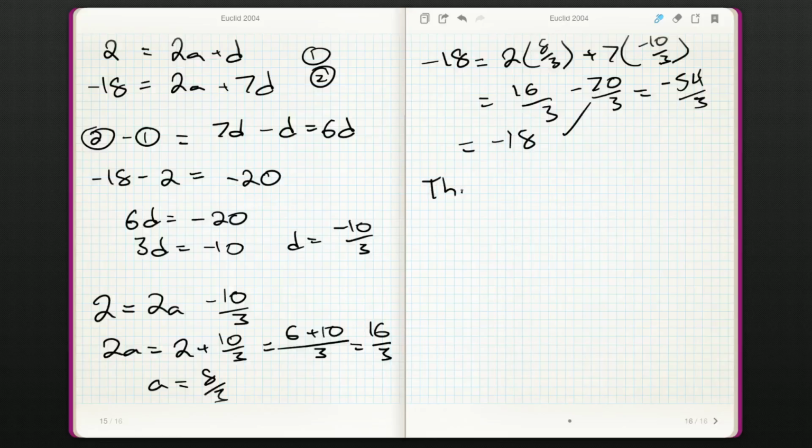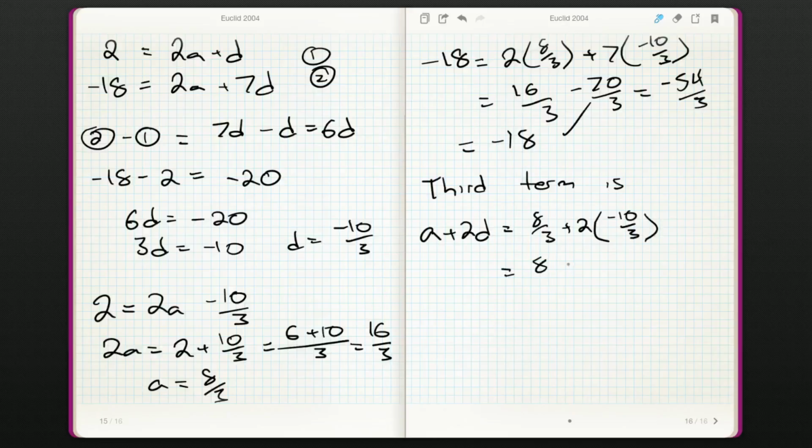And our third term is a plus 2d. So that's 8 over 3 plus 2 times negative 10 over 3. So that'll be 8 minus 20 all over 3.